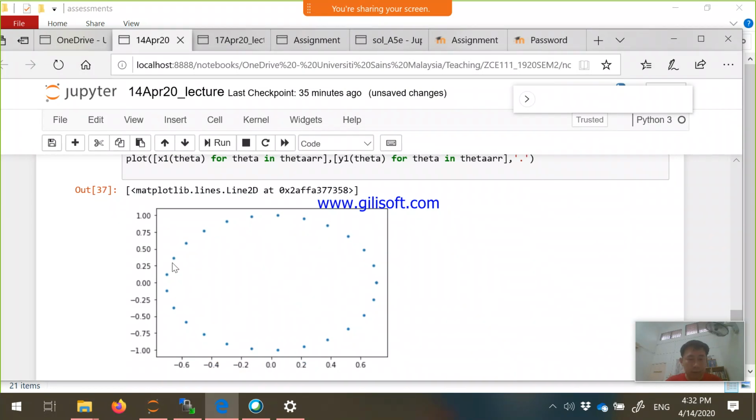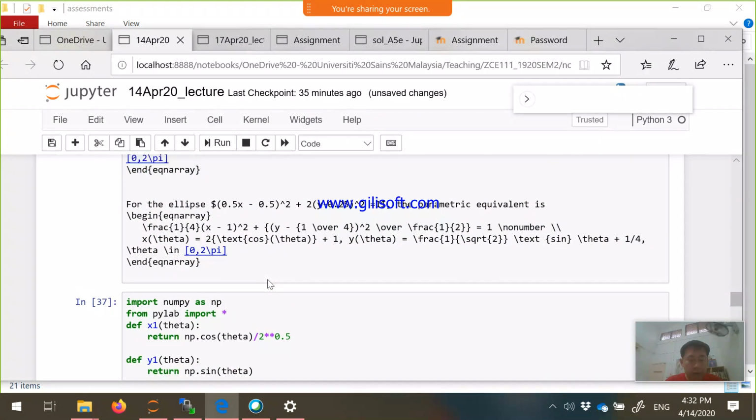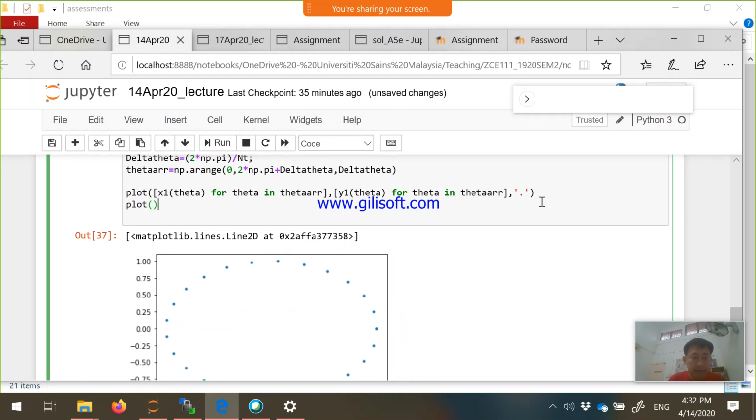Okay, so this is a parametric curve that has the center at h and k, right? So the h and k for this is just 0, 0. So let me try to plot the center as well. So how do you plot the center of h and k? So I also plot the center, which is the h and k, which is 0 and 0.